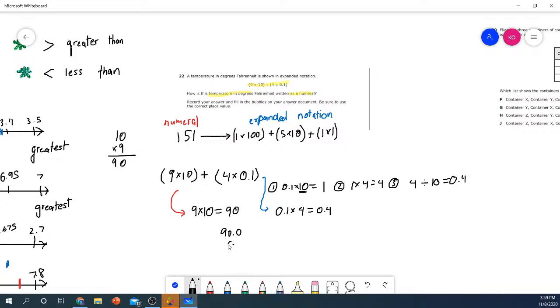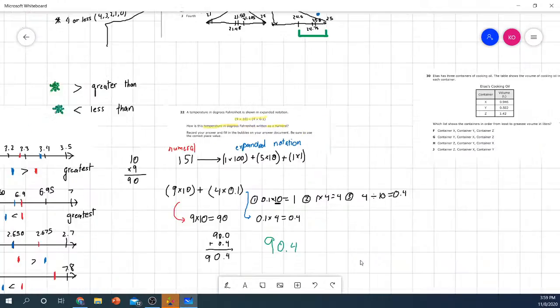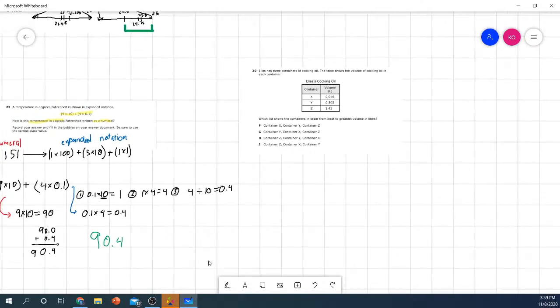So 0.4, add those, and you get 90.4. And that is your answer, 90.4. Okay, so if you guys have any questions, please feel free to type it in the chat.